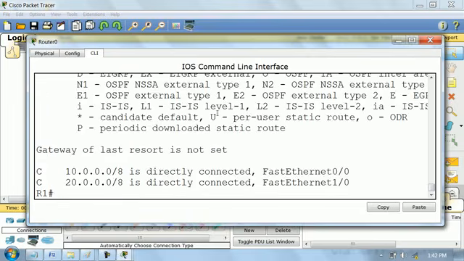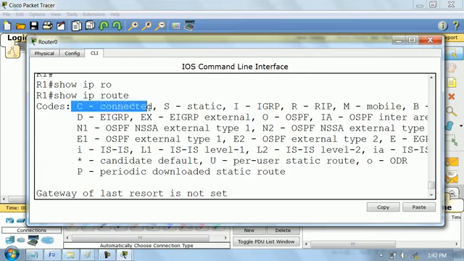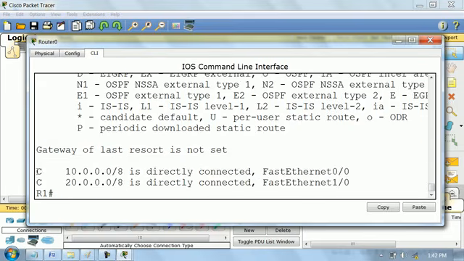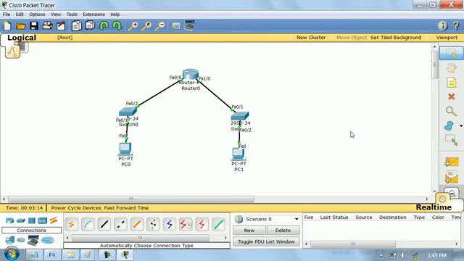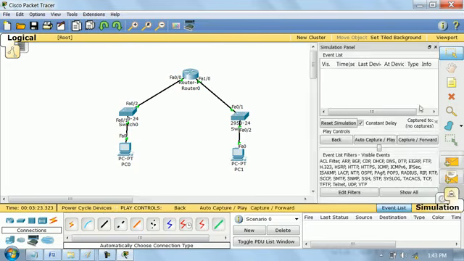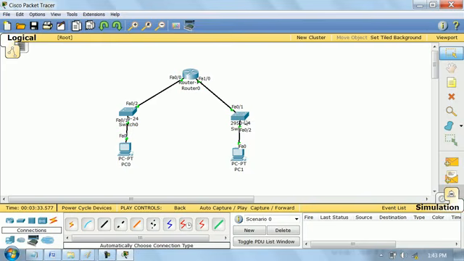What information I am getting here? C means connected, via which interface? 20 is connected via which interface? Fine. Now guys, look carefully. From here, I want to communicate here.